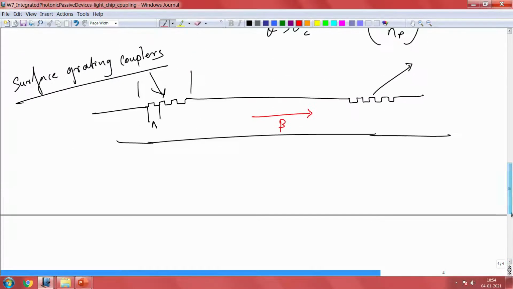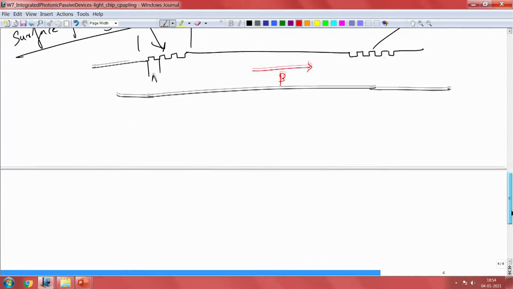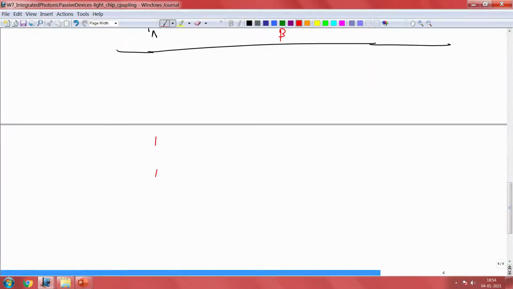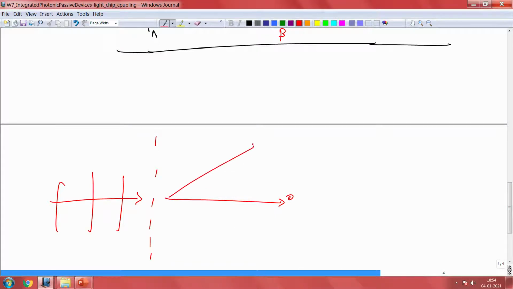For some of you who still remember simple diffraction, this is basically a grating. So, if you take a grating and come in with a plane wave, what would happen? You will get 0th order, you will get first order, and then you will get higher orders as you move through.